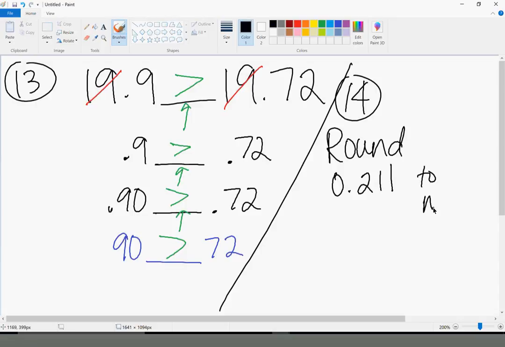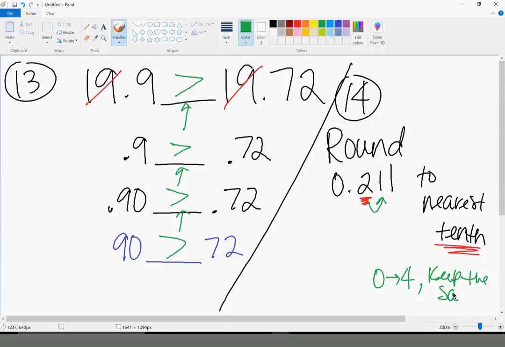Let's look at 14. 14 we want to round 0.211 to the nearest tenth. So the nearest tenth, you need to be able to identify where the tenths place is. And that's going to be this place here, the number to the very right of the decimal. So to round this number, we're going to look at the number to the right. If that number is from 0 to 4, we're going to keep the number the same.